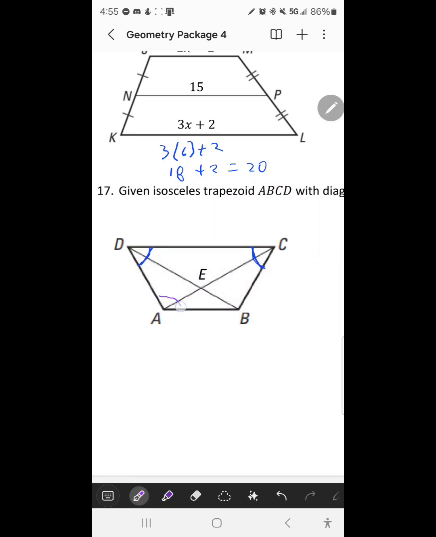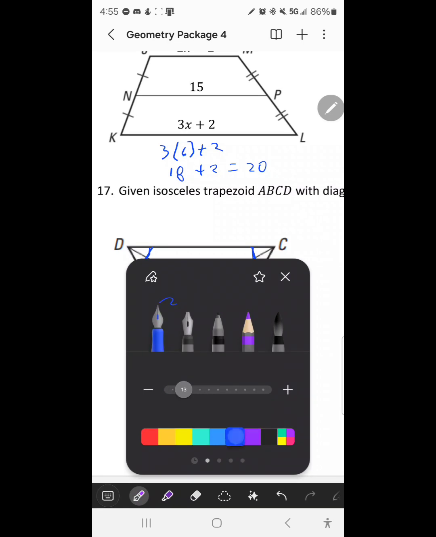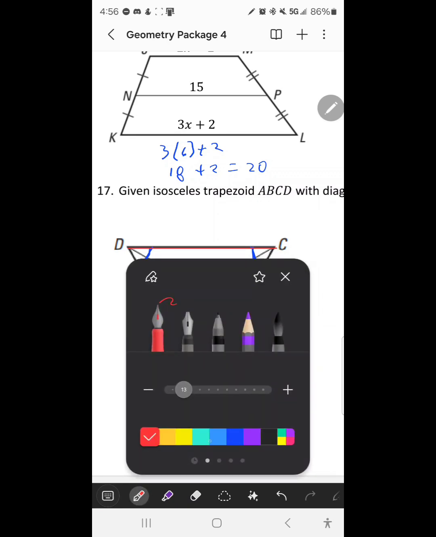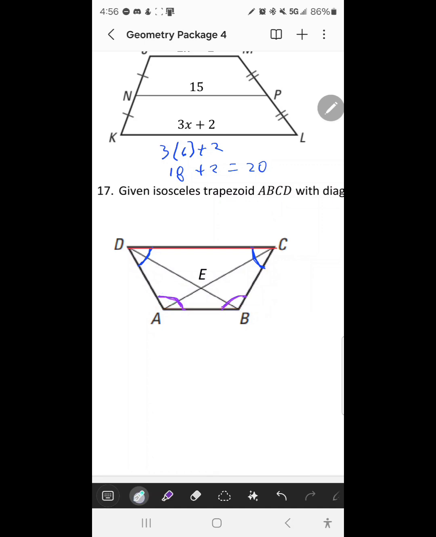So, those two are equal, these two are equal. Now, the two bases are parallel. So, this side is parallel to this side. And also, let me make this the exact length. This side is equal to this side.